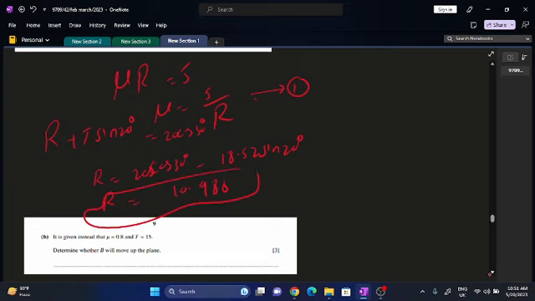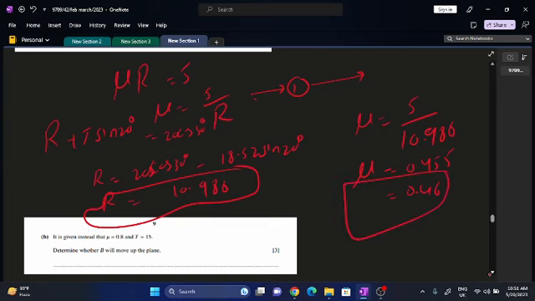Now you know the value of R, so plug the relevant values into equation number 1. That gives mu equal to 5 over 10.986, which gives 0.455, or to 2 decimal places, 0.46. That would be your mu, the final answer for this question.